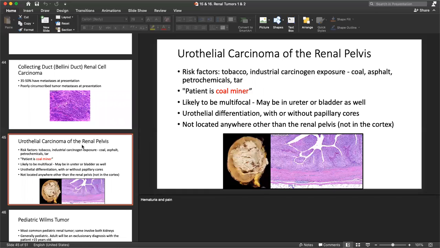Okay, urothelial carcinoma of the renal pelvis. Patient is a coal miner. So risk factors are coal, asphalt, petrochemicals, tar. You know, tobacco is a problem with a bunch of this stuff, but I would think coal, asphalt, tar are important. It's multifocal, could be in the ureter or bladder, and there's going to be differentiation with or without the papillary forms.